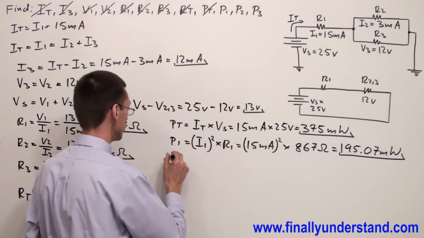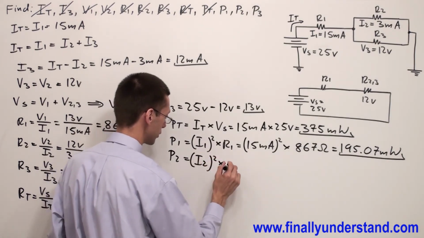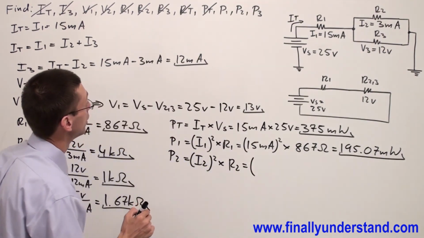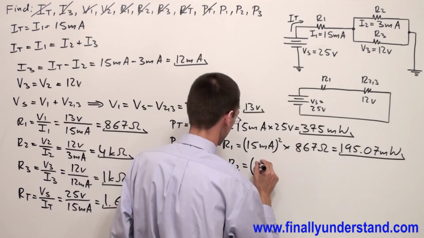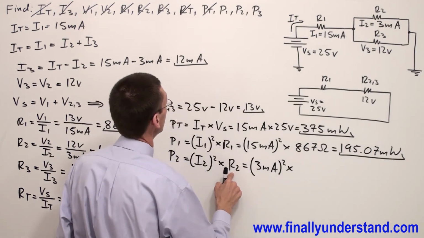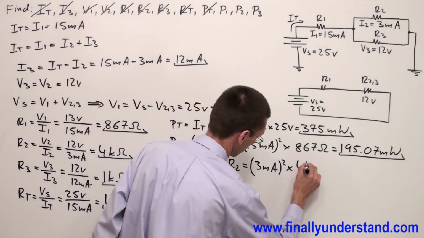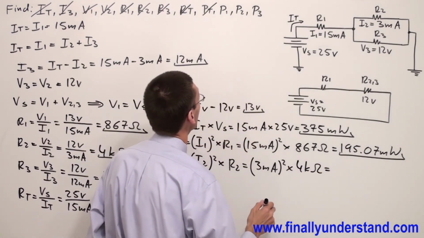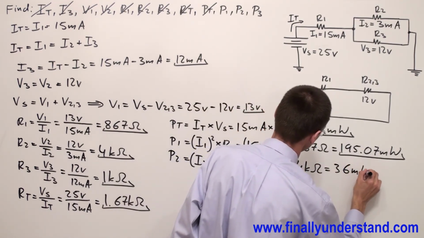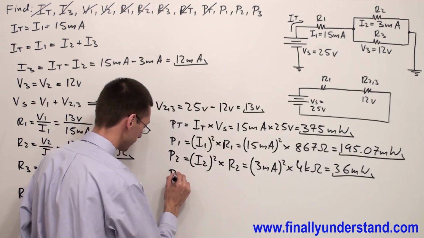Next, we're supposed to find P2. P2 is equal I2 raised to the second power times R2, which is equal I2 is equal 3 milliamps, so I have 3 milliamps raised to the second power times R2, and we found that R2 is equal 4 kiloohms. Everything is equal 36 milliwatts. Okay, so next we're supposed to find P3.